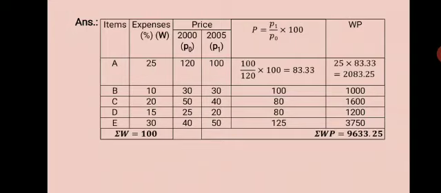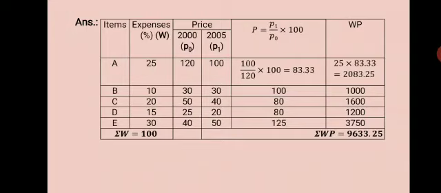Next is 10 into 100, we will get 1000. Next 20 into 80, you will get 1600. Then 15 into 80, you will get 1200. And the last is 30 into 125, you will get 3750.